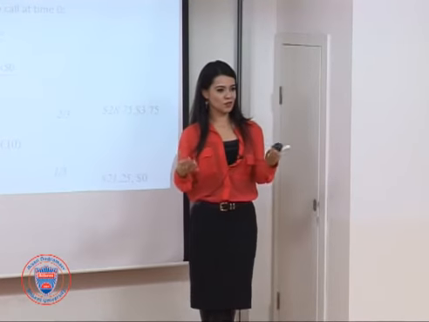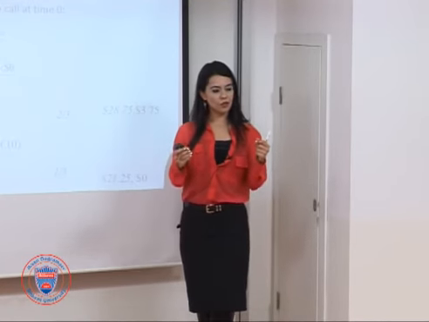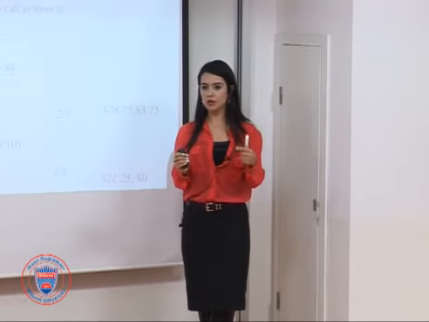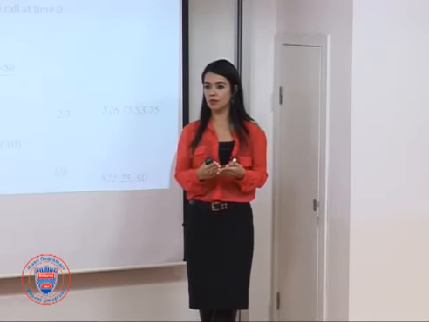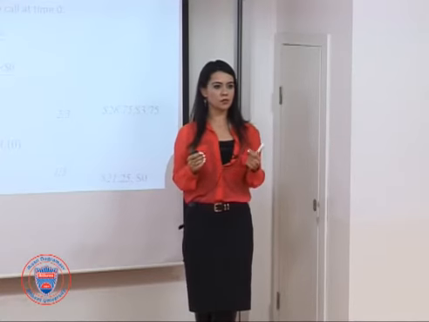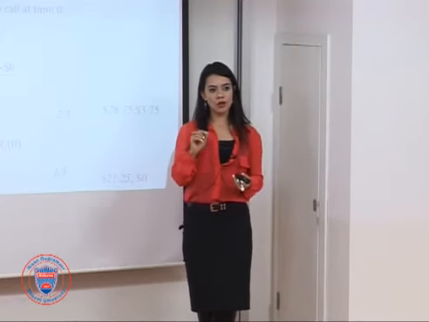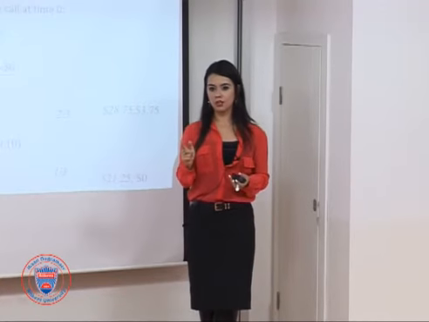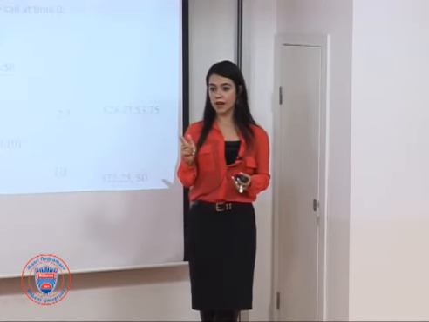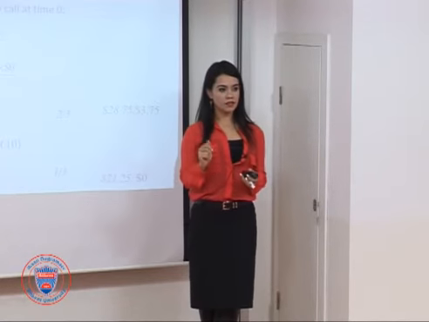Let me just remind you that a call option gives you the right to buy a stock at a predetermined price. And this predetermined price is called exercise price or strike price. So you are going to exercise the call option only when the stock price is higher than the exercise price.